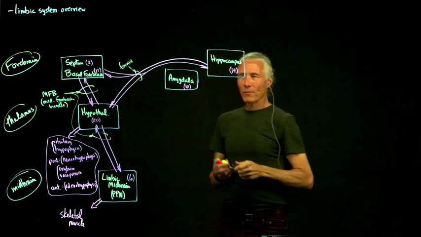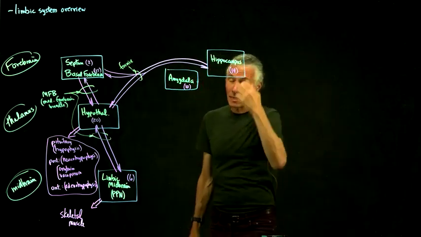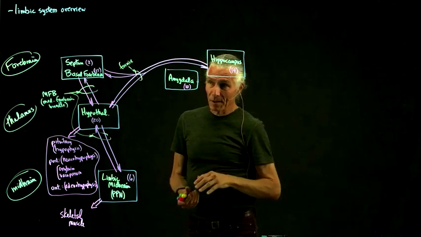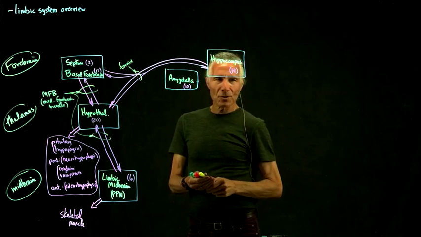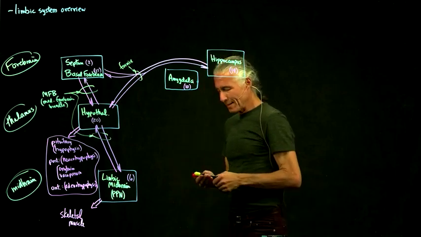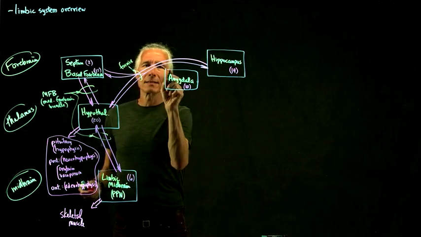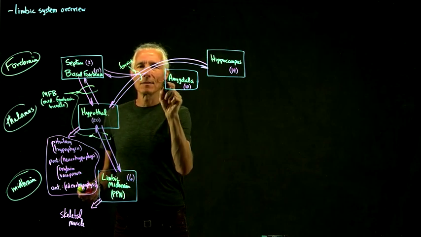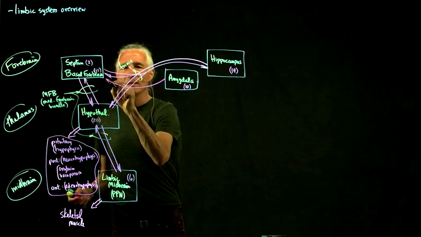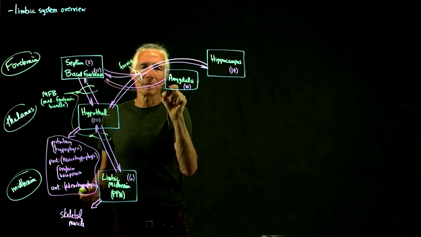And there's another pathway that's running virtually right on top of it called the stria terminalis. And that's a connection between the amygdala and these guys. So the amygdala goes to the hypothalamus and there's a projection coming back to it.